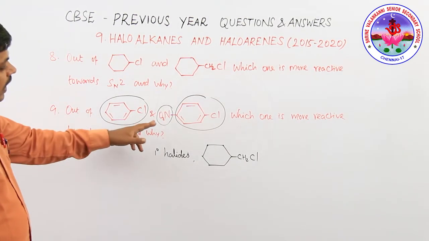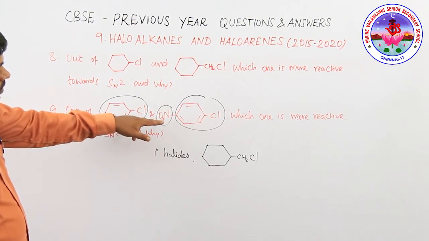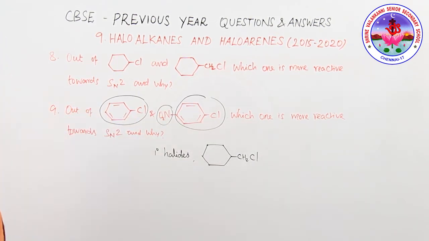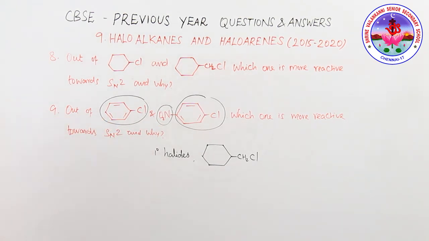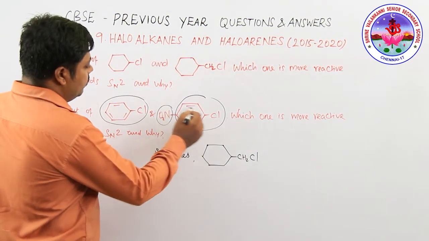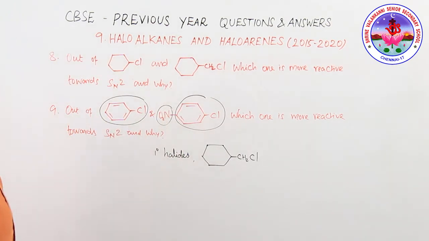So what happens? This should be more reactive towards the SN2 reaction, because it stabilizes the intermediate, that is, the electron withdrawing group stabilizes the negatively charged intermediate. That is why this is more reactive towards the SN2 reaction.